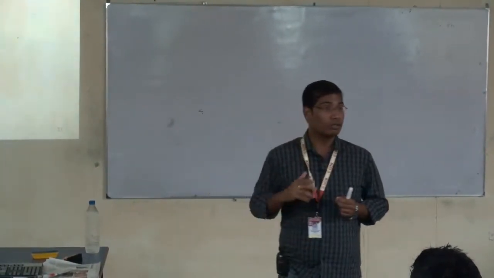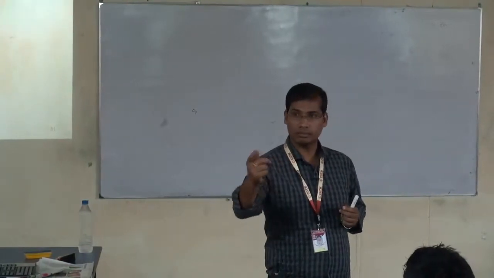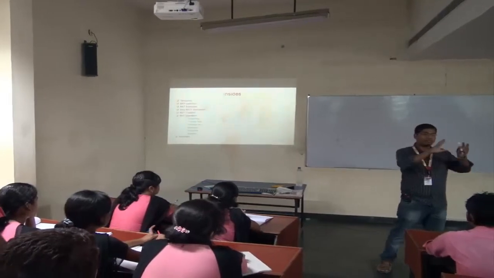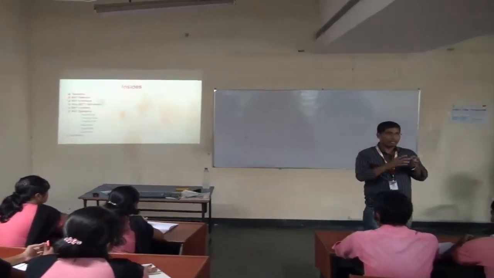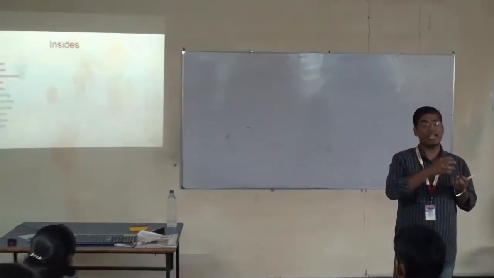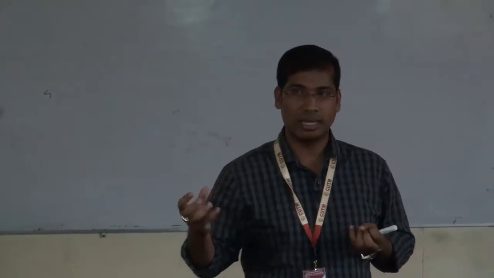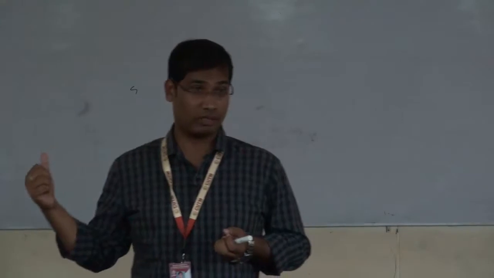We can do searching. What is searching? Searching means if a tree is given, whether a particular element exists in that list or not. That is searching. If it exists, what is the location of that element? That is the searching operation. Then finding max. It's a new operation.